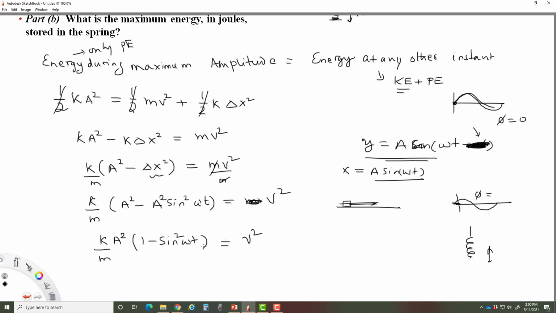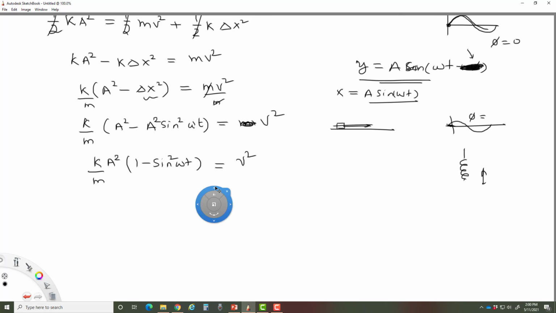To get rid of the square we need to take the square root on both sides, but let's do that once we simplify this. So k over m A squared, and 1 minus sine squared is cosine squared, cosine squared omega t.